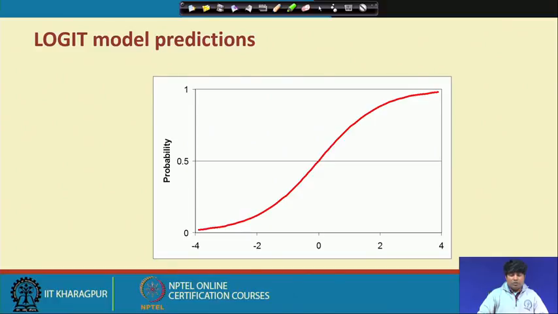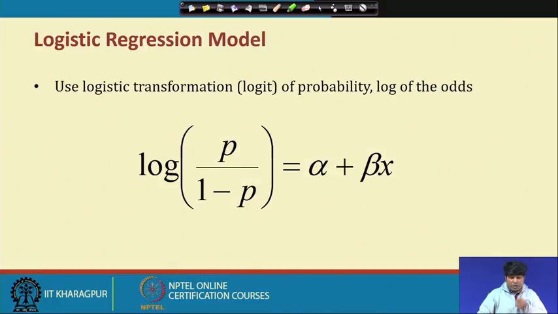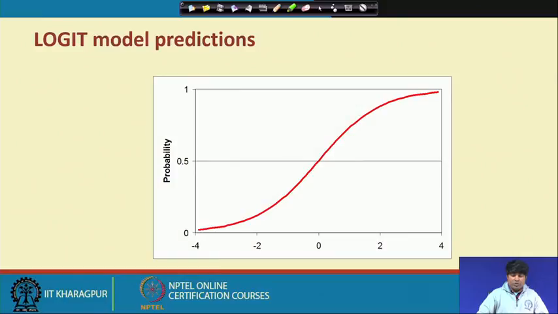This is followed by the logistic function, where p is nothing but 1 by 1 plus e to the power minus z.